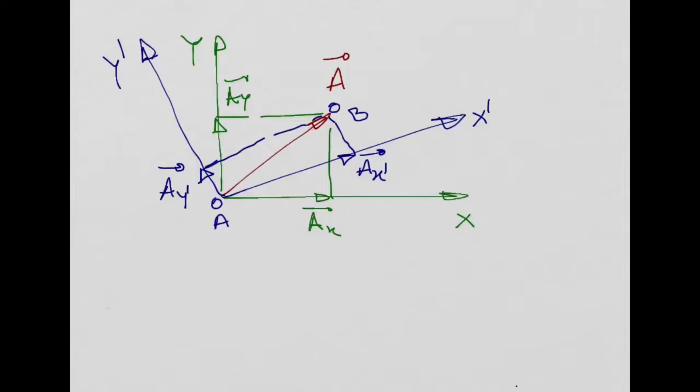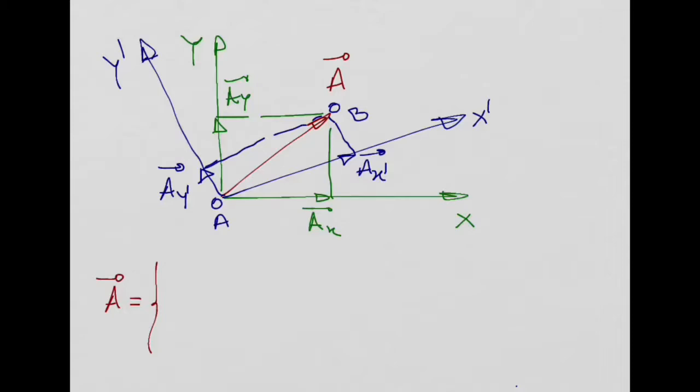You see what happens? Now I can describe this vector A in red in these two different coordinate systems. Look at this. I'm going to use matricial notation.